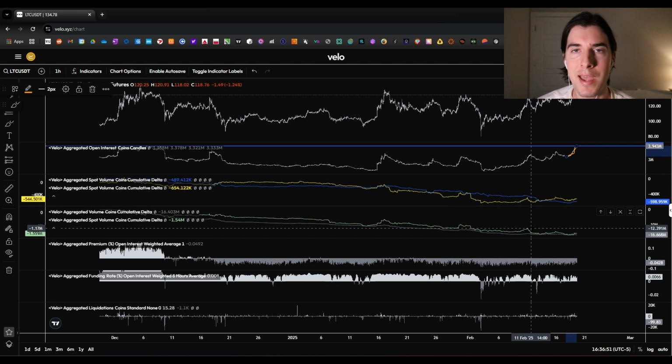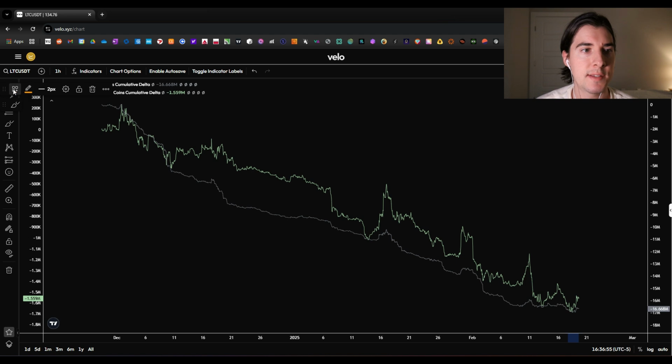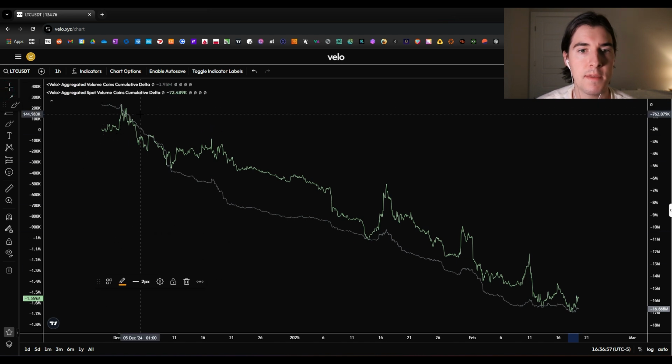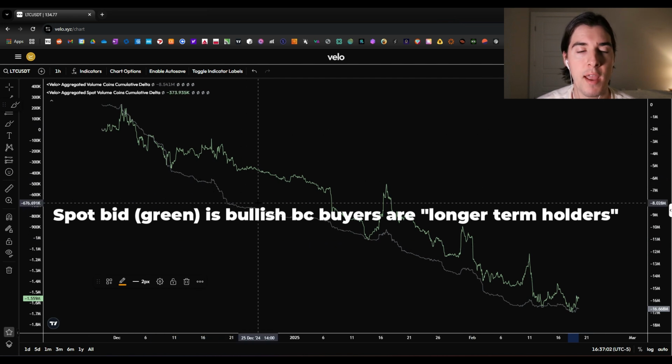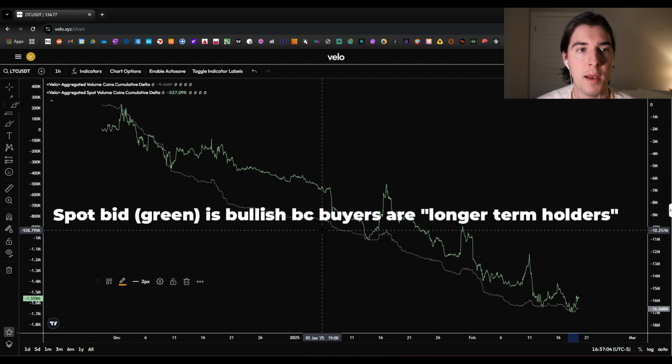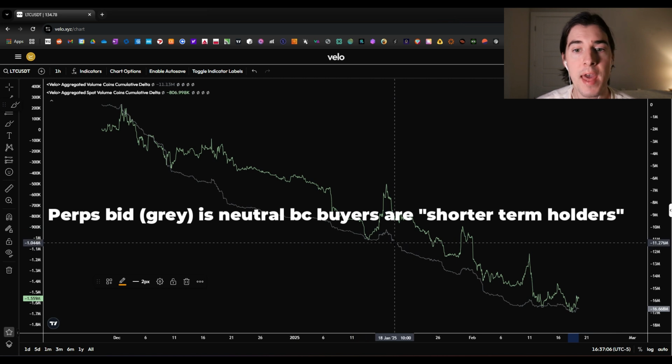Some other things I like to look at are the spot bid. So this chart is the amount of cumulative spot bid in green, and then the gray is the cumulative total bid, and that also includes futures contracts or perps.